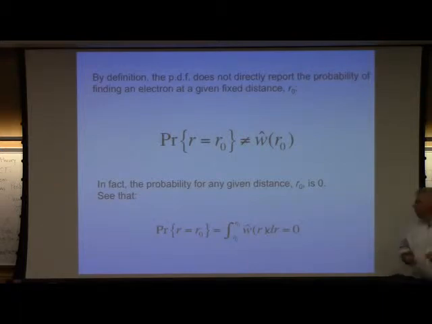So it doesn't report the probability itself. The probability of finding the electron at R equals R0 is not equal to W hat of R0. If you did this, you would get 0 if you integrated from R0 to R0. So really, it's the probability over some range.